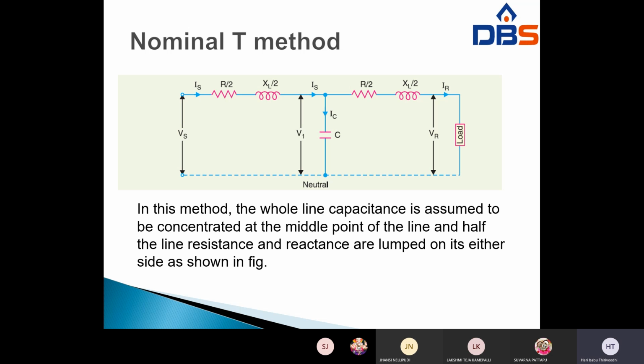Now we don't want this one, we want the sending end. Sending end means we have to add the extra drops also. So by adding to V1 the IS R by 2 drop in phase with IS and the IS XL by 2 drop leading by 90 degrees, the combination is nothing but the sending end voltage Vs.